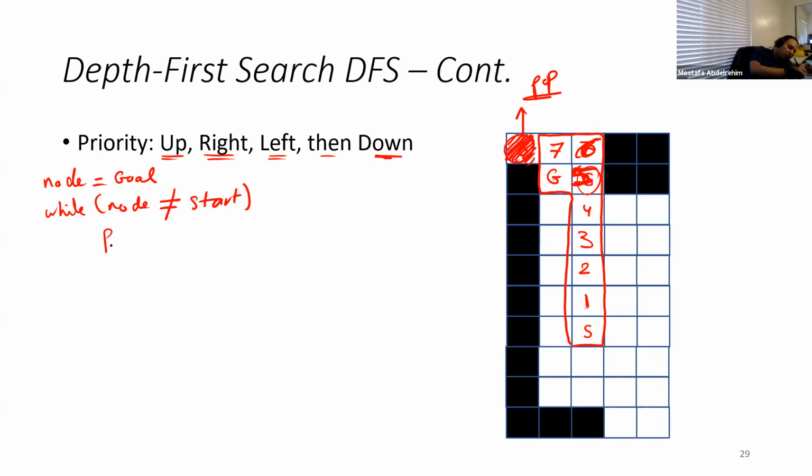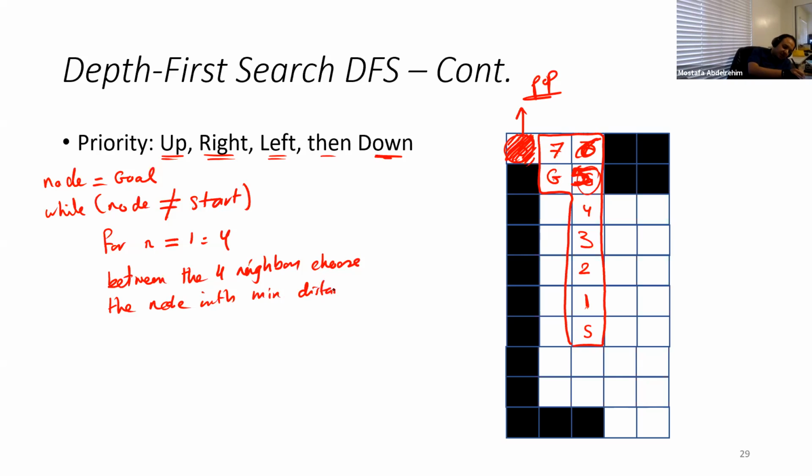Then we make a for loop over the 4 neighbors of that node, which is currently the goal. Among the 4 neighbors, choose the node with minimum distance to the start node.